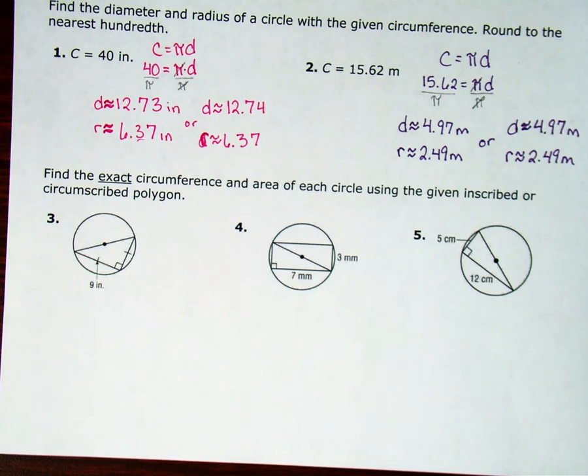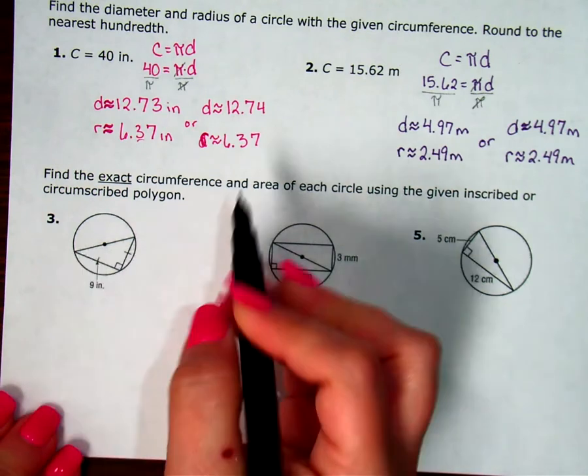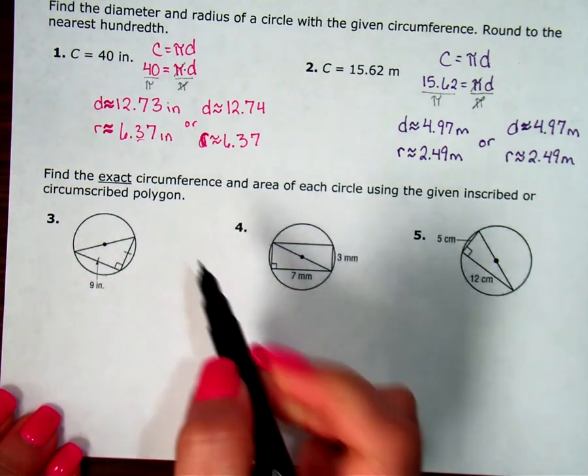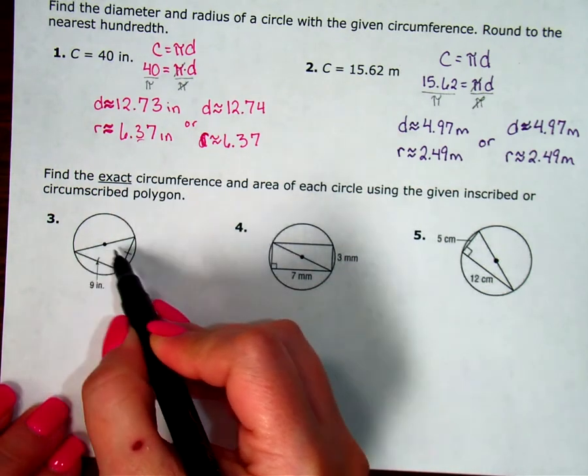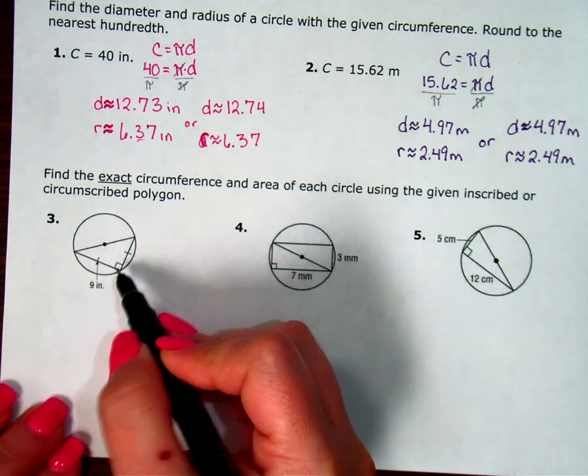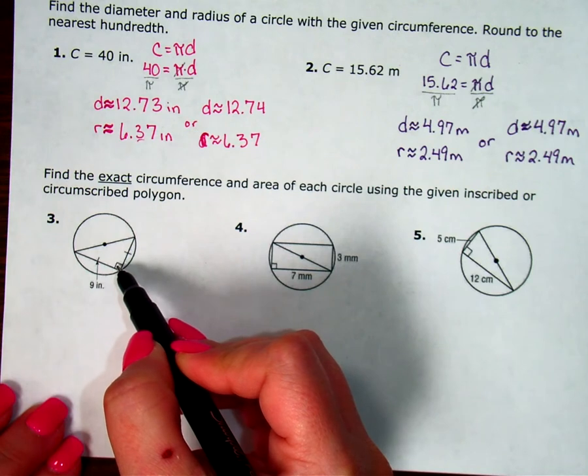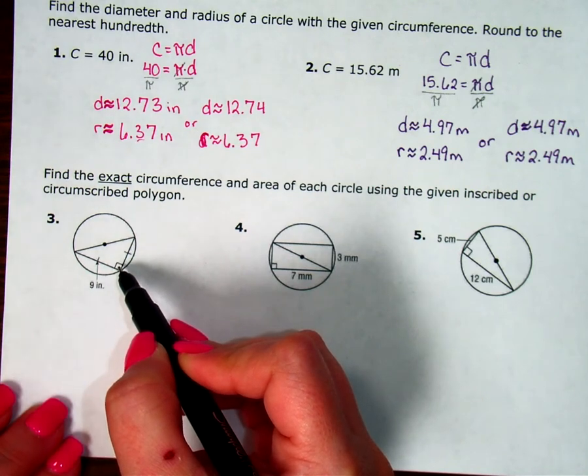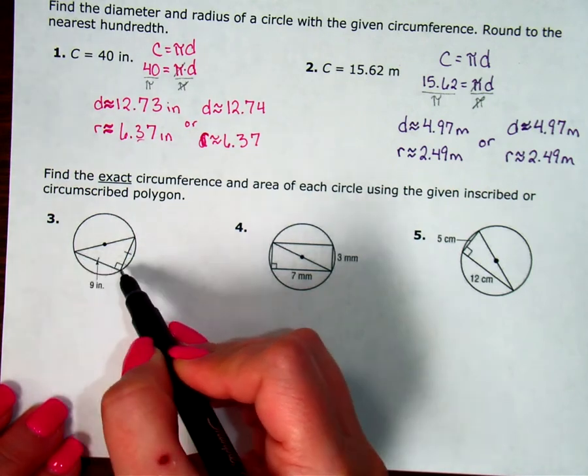All right, on this one, if I want the exact circumference and area, I can see they didn't give me a radius or a diameter, which kind of is annoying because I need that, right? But I also see I have a right angle here, which means this is a right triangle where both my legs are the same.